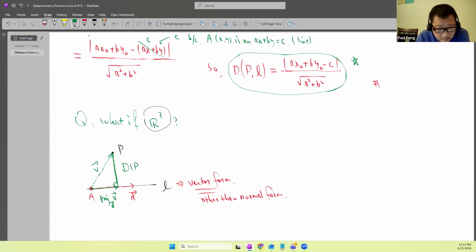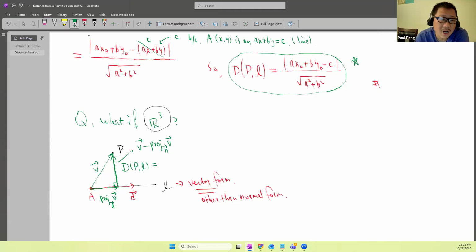So the distance from the point P to L will be what? Will be different. So that's a vector. If I get this vector, it will be V minus the projection of V onto D. But look at this triangle.